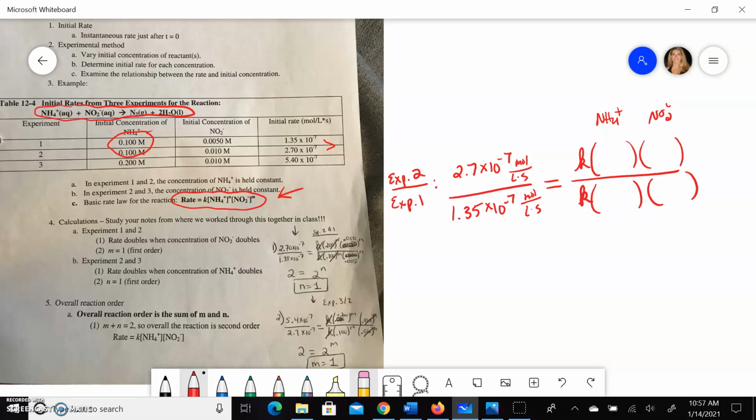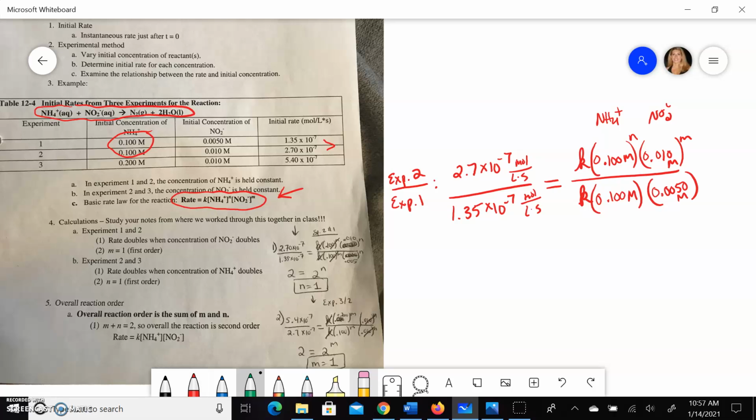So for the second experiment, NH4 plus, we have a concentration of 0.100 molar. And then we don't know what that N is just yet. And then for the NO2 minus, for the second experiment, we have 0.010 raised to the M power. All right, and then the bottom, we have the first reaction. So we're going to go back up to the first reaction. NH4 plus is 0.100 molarity. And for NO2 minus is 0.0050.